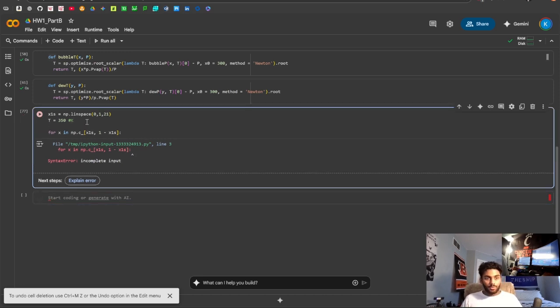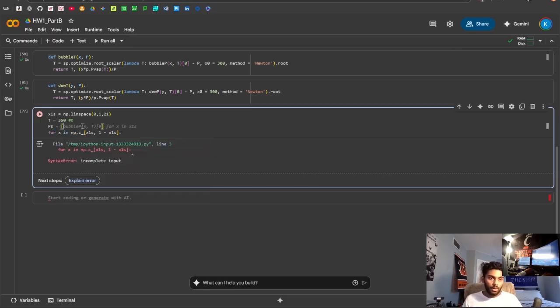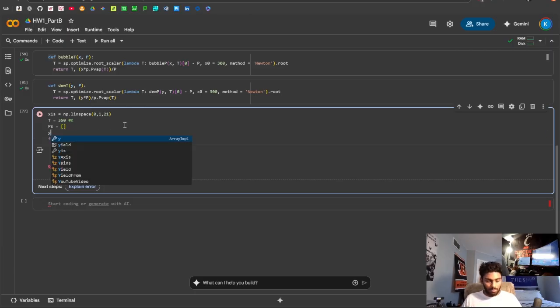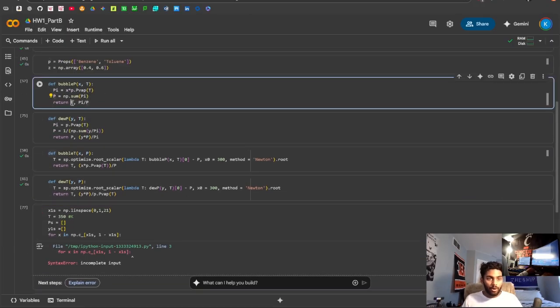Now we need to set up 2 arrays, and I'm going to make these empty arrays for our p's and our y1s, because remember, these are the outputs that we get when we do our bubble pressure calculations, our p and our vapor phase mole fractions.